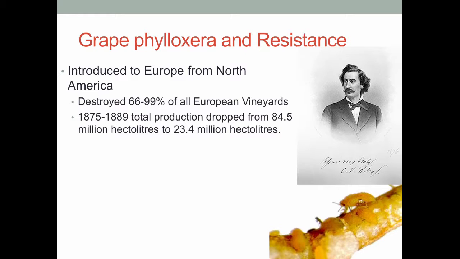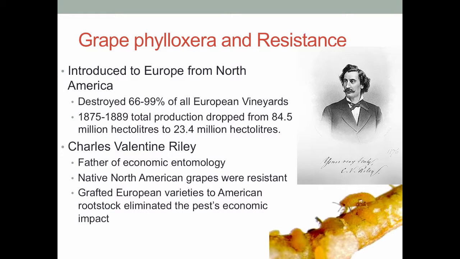And so grape phylloxera, which were maybe a nuisance in North America, were completely devastating in Europe. There's estimates that they killed between 66 and 99% of all European vineyards in the short time after they were introduced. And in total, they reduced the total amount of wine from 84.5 million hectoliters down to 23.4. So we're looking at about a 4-fold decrease in total production just from this pest.